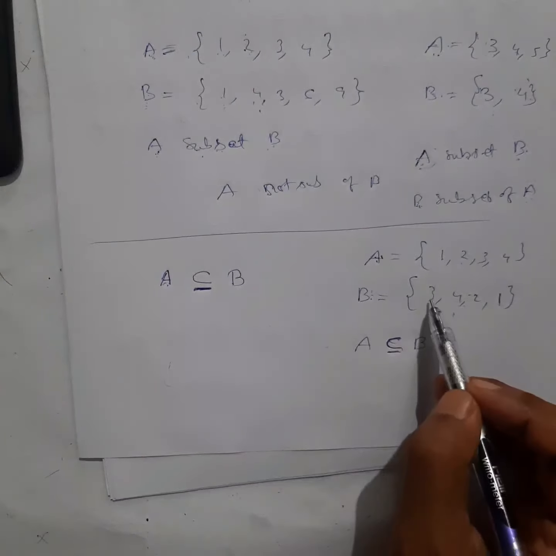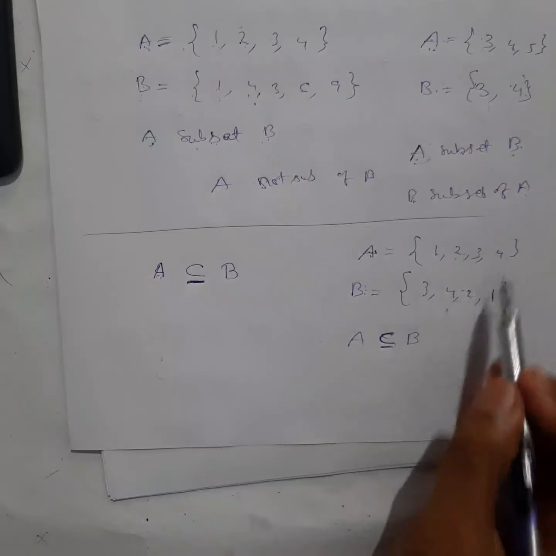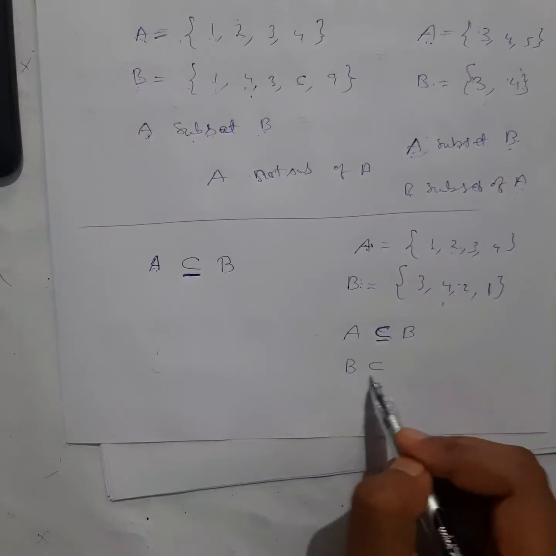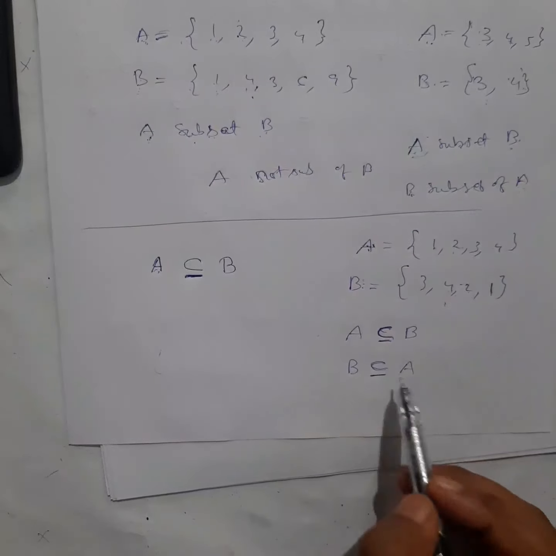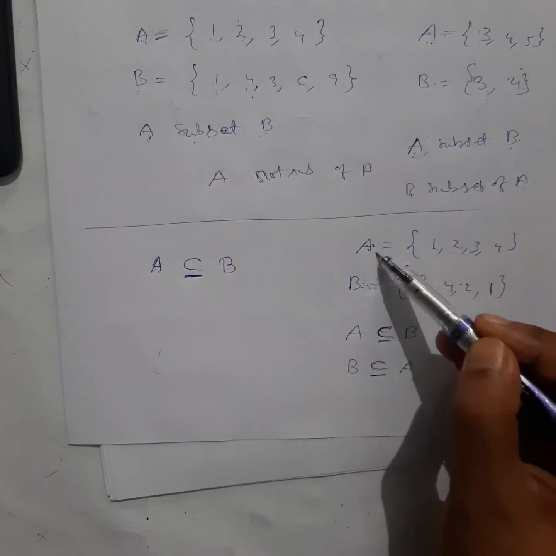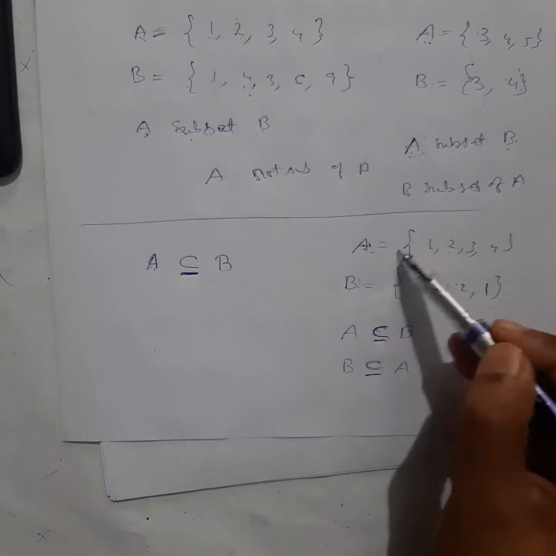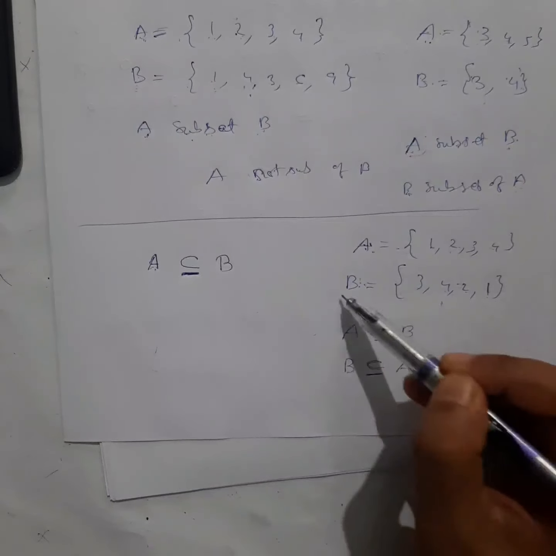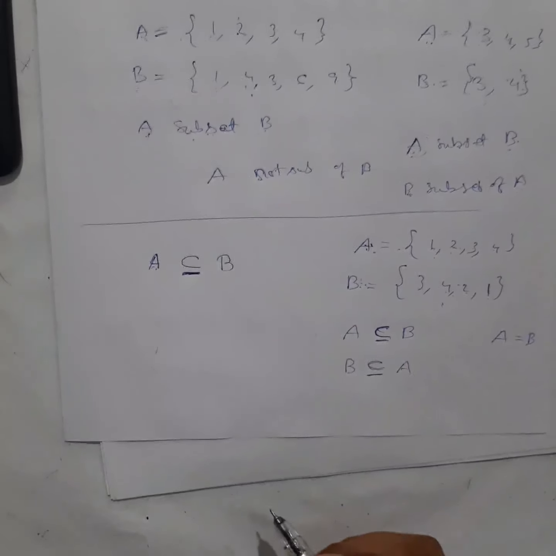Is B a subset of A or not? You can see 1, 2, 3, 4 is there, right? So B is also a subset of A. Now why do we use this and this? The reason is, you have seen that A is a subset of B and B is a subset of A, and 1, 2, 3, 4 are the elements of this set and also of this set. So these sets are equal, right?